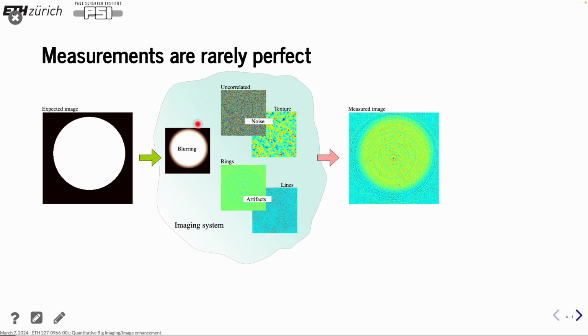Then you have different noise types that can be added, and measurement artifacts that are also added. So what you actually measure is something like this, which is maybe not so nice, but that's the reality that you come across. And today's lecture is about how we can, from this one, at least come closer to what we expect to see.